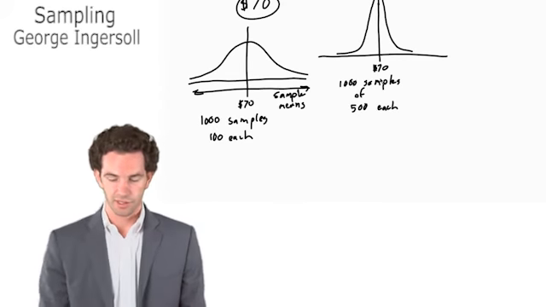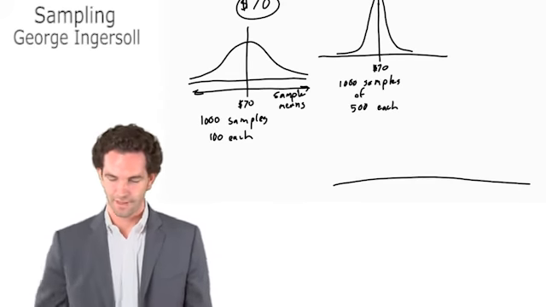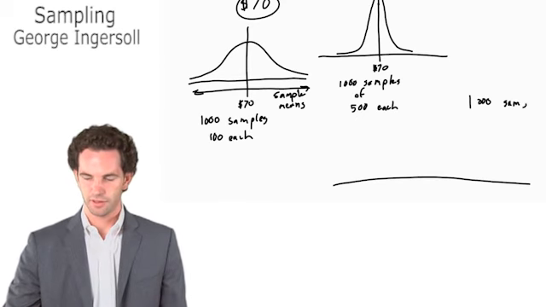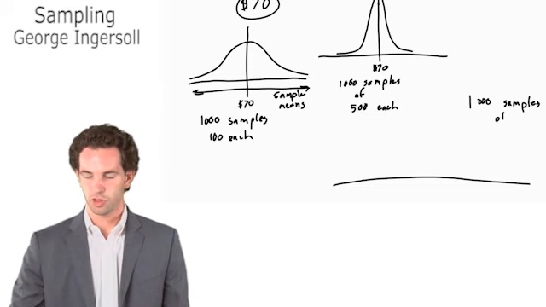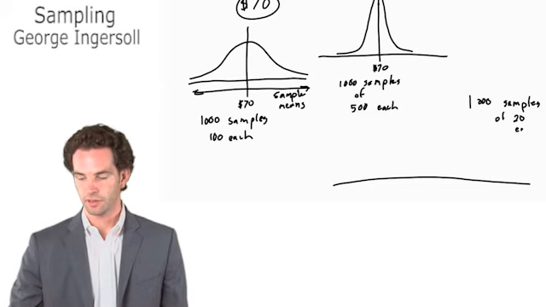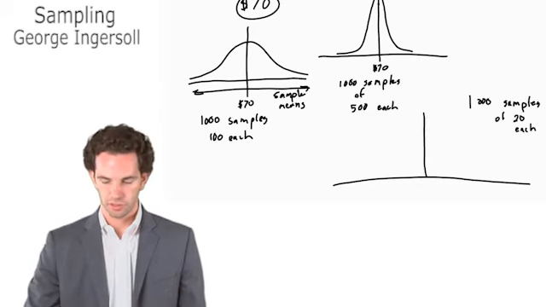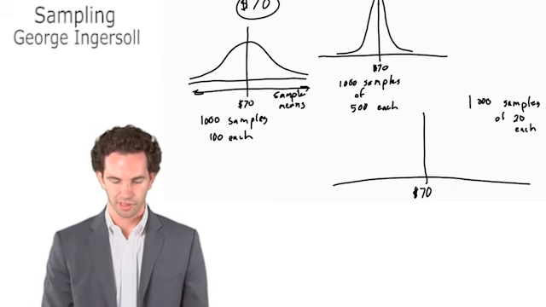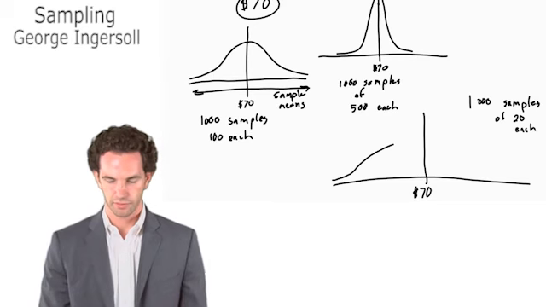Now, let's say we took 1,000 samples of 20 people each. Still a normal distribution, centered at 70, which is the actual value of the population, but we're going to see something more like this.